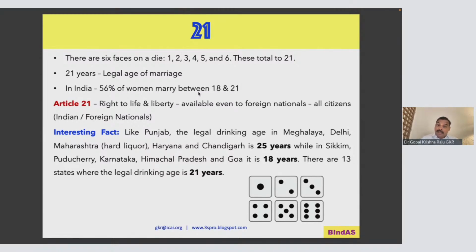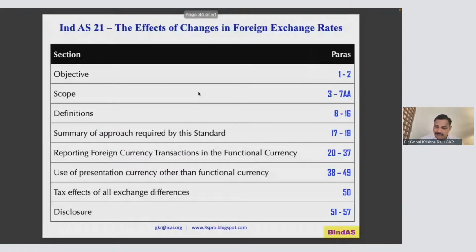But in Punjab, the legal drinking age is 25 years. Punjab, Haryana, Chandigarh, Meghalaya, Delhi, Maharashtra, these are all 25 years. And there are 13 states where the legal drinking age is 21 years. Tamil Nadu is one among that, and Kerala is also one among that. Some interesting facts about 21. And you have the dice. If you add all the 1, 2, 3, 4, 5, 6, it will come to 21. 21 is such a very interesting number.